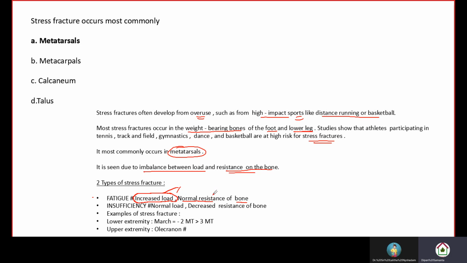So that is called fatigue type of stress fracture. Number two: load is normal, but resistance of the bone is decreased. That is insufficiency type of stress fracture.